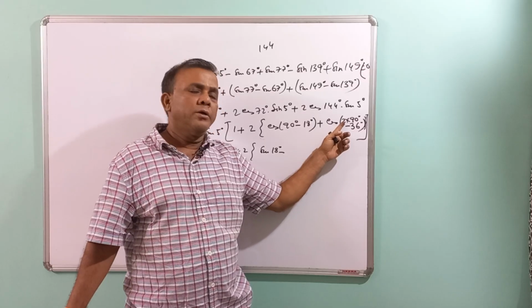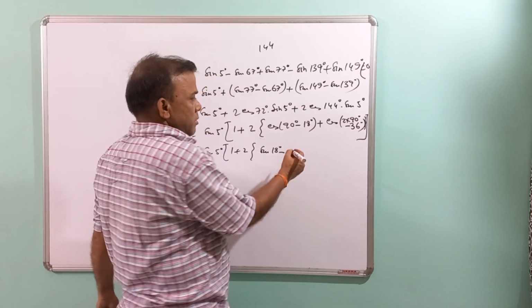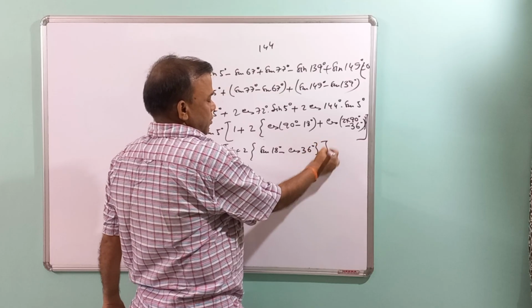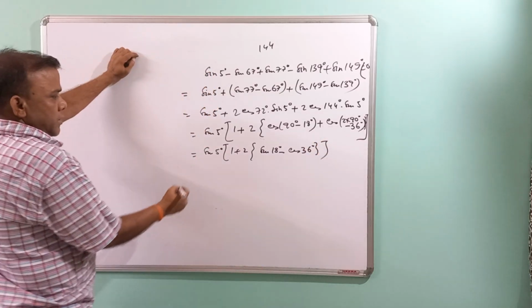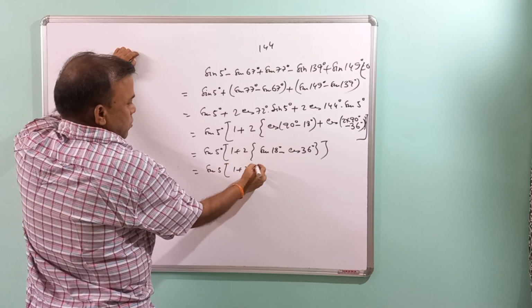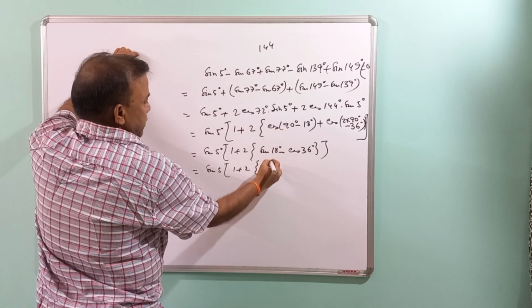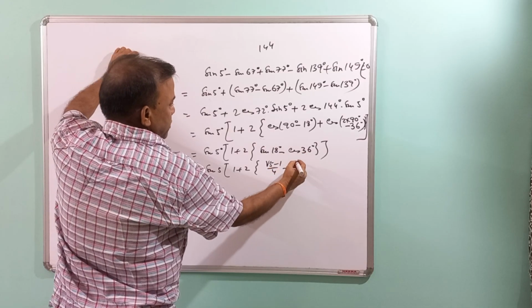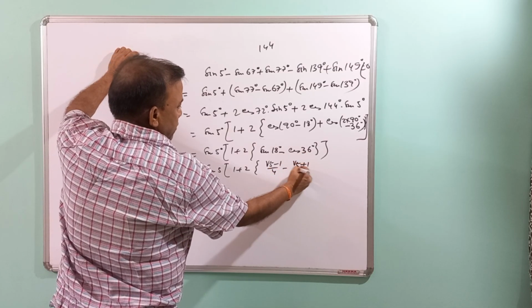2 into 90 minus theta is in the second quadrant, where cos will be negative, so cos 36 degree. As you know, the value of sin 18 is root 5 minus 1 by 4 and that of cos 36 is root 5 plus 1 by 4.